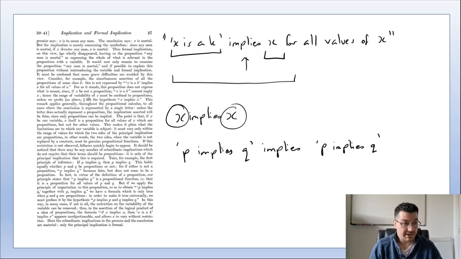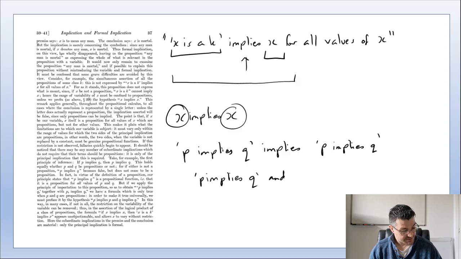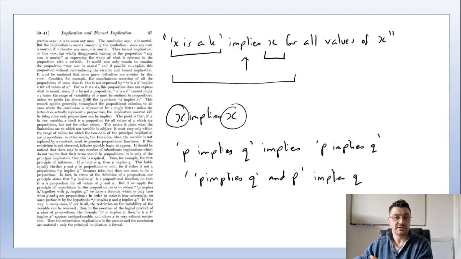So P implies Q implies P implies Q. If we use importation, what we get is P implies Q, together with P implies Q. Okay, so if, for the time being, P and Q are restricted to propositions, then this is a valid symbolic transformation that we can make.